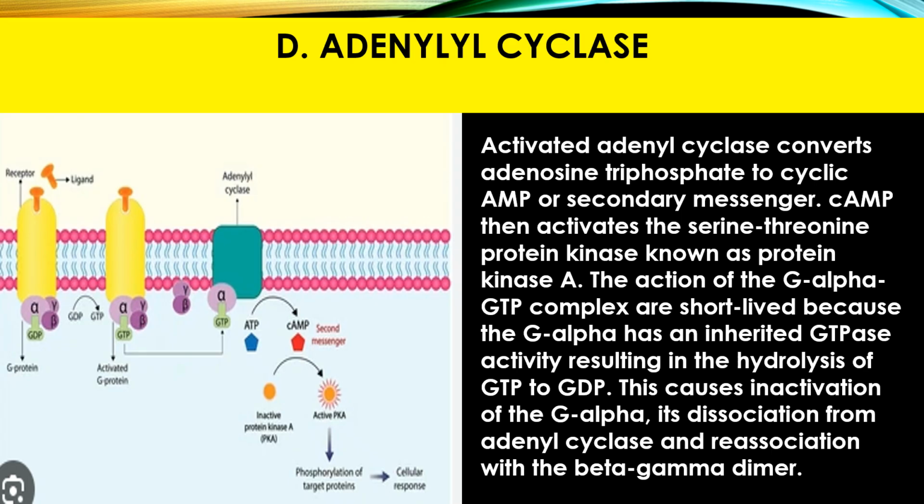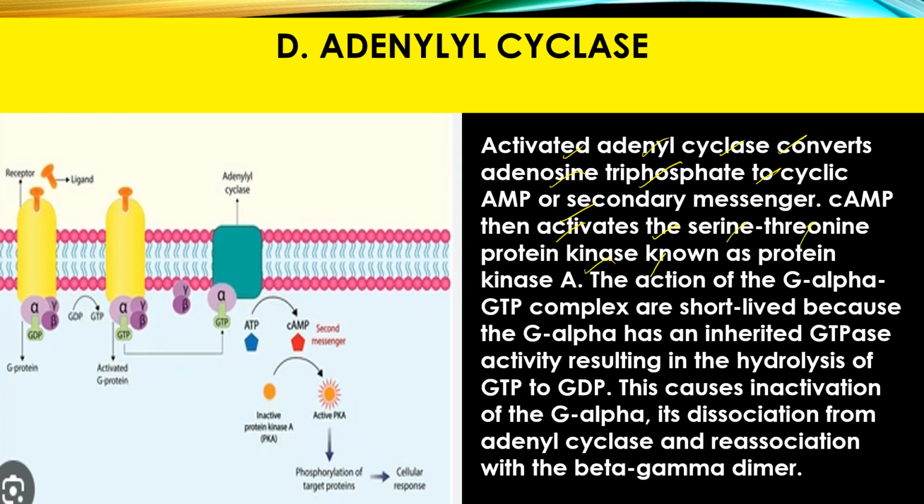Now again, the story has been repeated. The activated adenylate cyclase converts adenosine triphosphate to cyclic AMP. Cyclic AMP activates the serine threonine protein kinase.